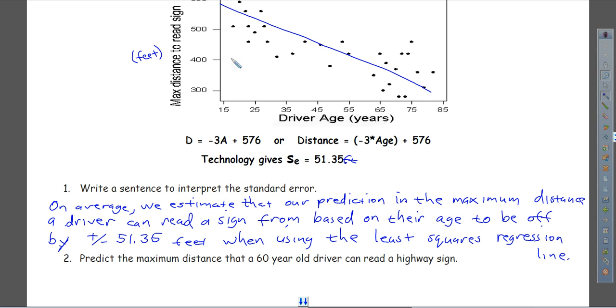So on average, we just expect that the maximum distance that a driver could read a sign from based on their age will be off by plus or minus 51.35 feet when using the least squares regression line.